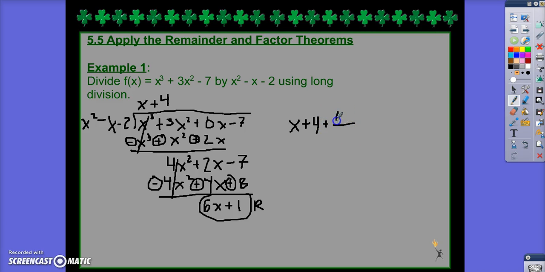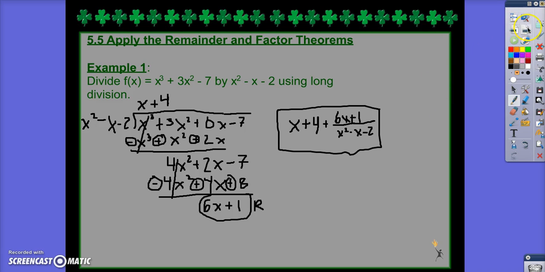So I'll say 6x plus 1 over the front piece here, x squared minus x minus 2. So the remainder always goes over what you're dividing by. That's my final answer. Okay?